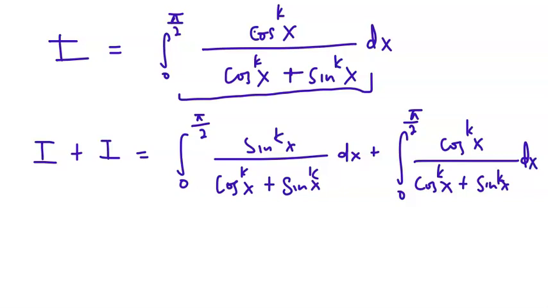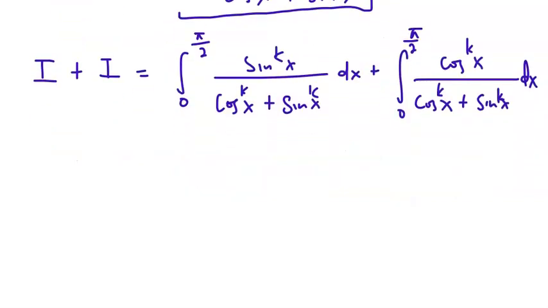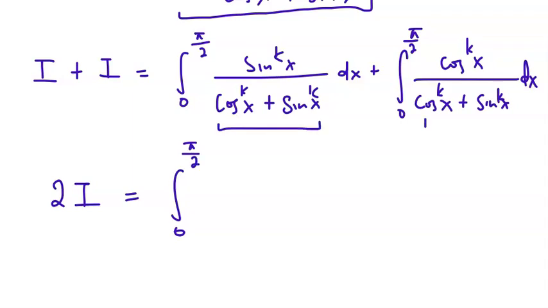Okay, so take note that we have the same denominators, right? So on the left hand side we then have our 2I. This will be equal to the integral from 0 to pi over 2. Since we have the same denominator, we can add the numerators.